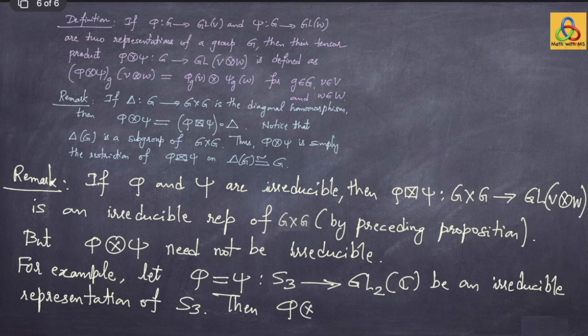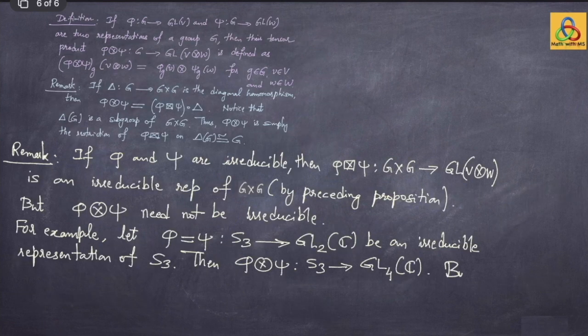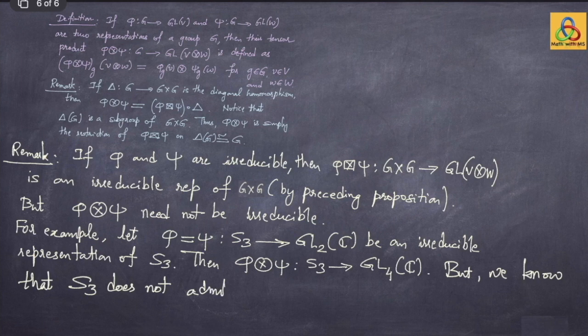Then phi tensor psi is a degree 4 representation of S3. It's a representation of S3 into GL4(C). But we know that S3 does not admit any degree 4 irreducible representation. Therefore, phi tensor psi cannot be irreducible.